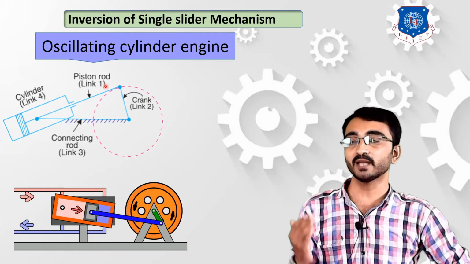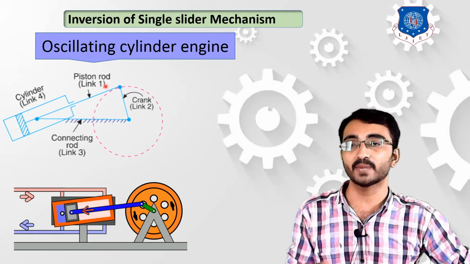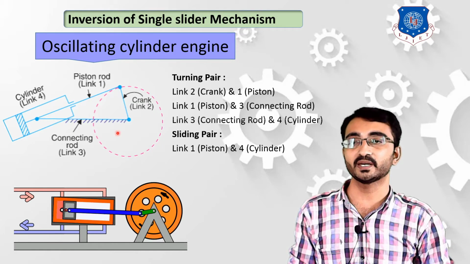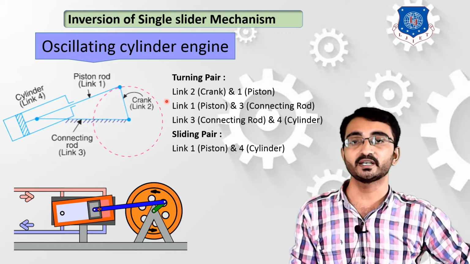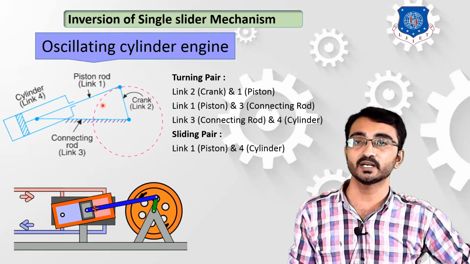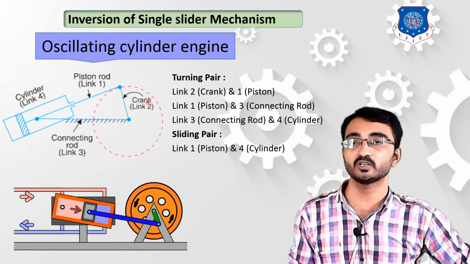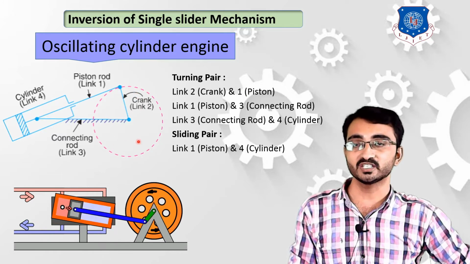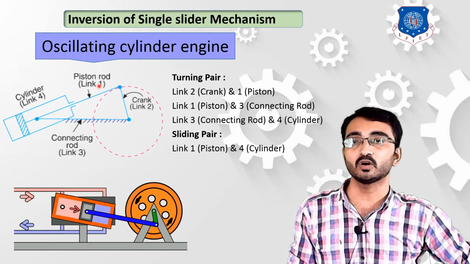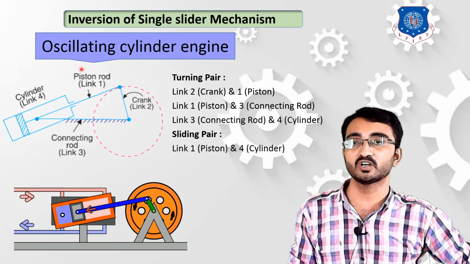Now how can we identify the different kinematic pairs? Let's make a list of turning and sliding pairs in this mechanism. The first turning pair is link number 2 and link number 1, that is, the piston rod and the crank. The crank is rotating, and this rotating crank produces reciprocation of the piston rod.